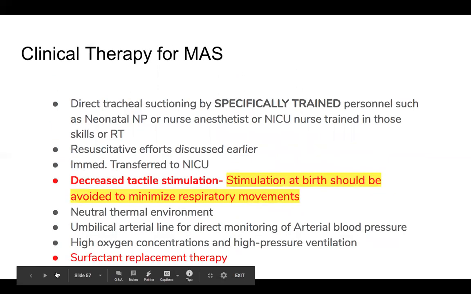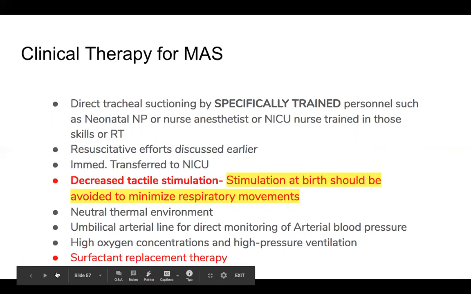Therapy is pretty much similar to your respiratory distress. Resuscitative efforts as needed, transfer to the NICU, decrease tactile stimulation to minimize respiratory movements, neutral environment.